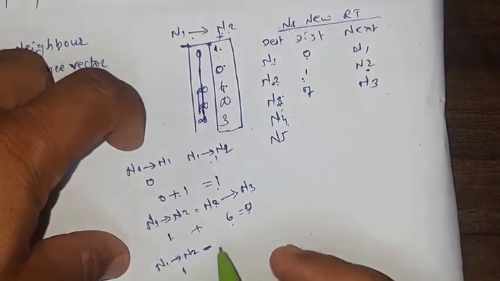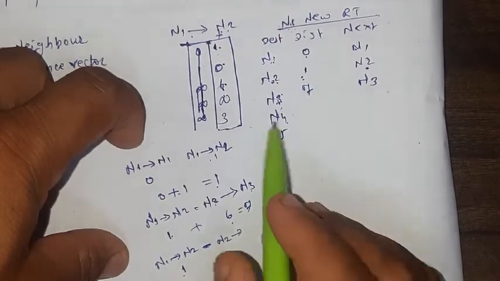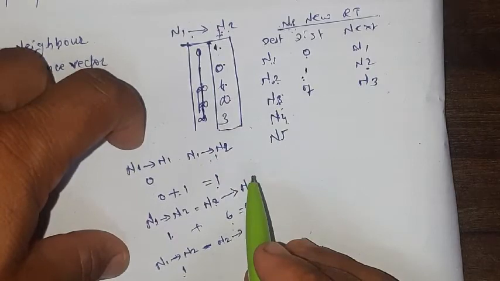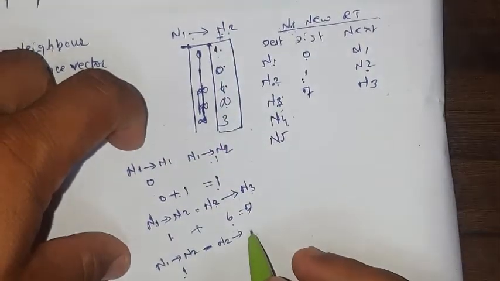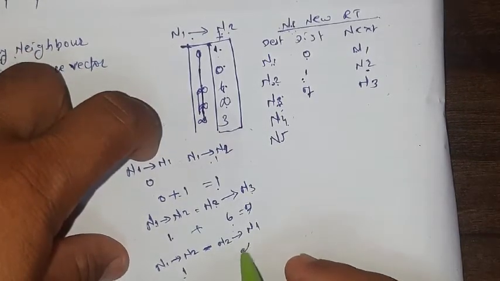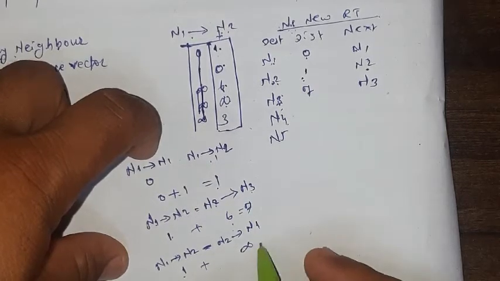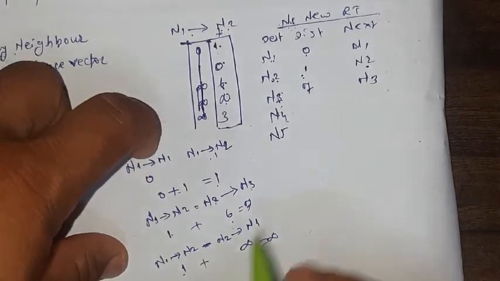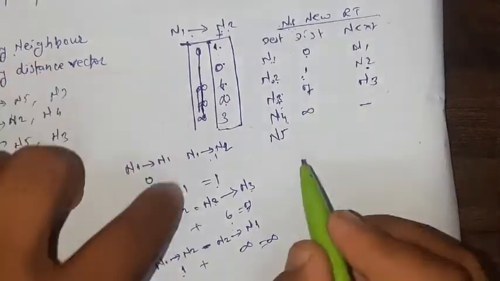So here n1 to n2 is 1, and n2 to n4 is infinity. So n1 to n4 is infinity. 1 plus infinity definitely equals infinity. So write it as it is, infinity, and this is dash.